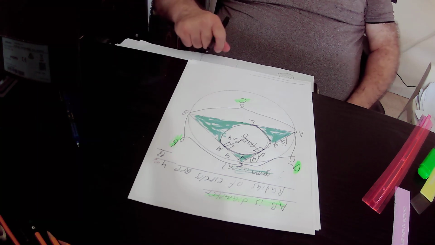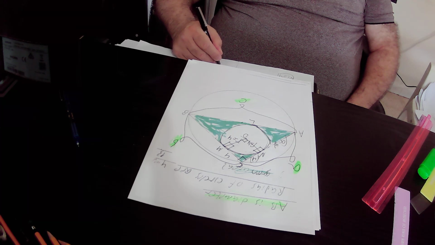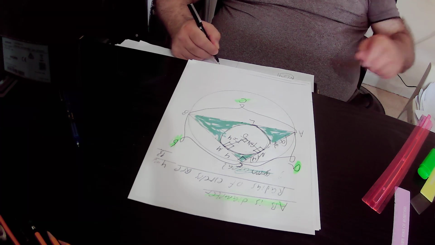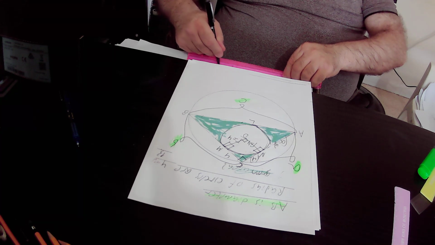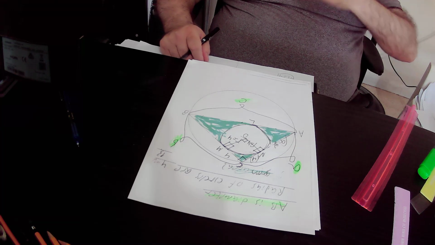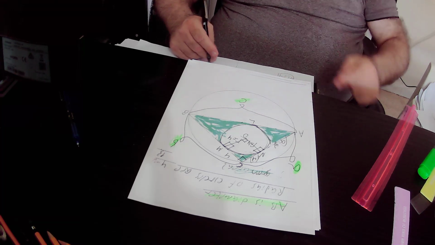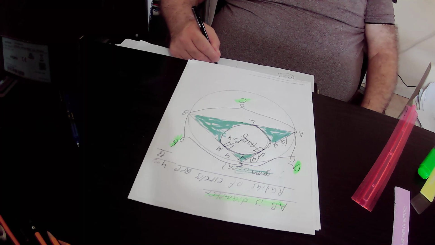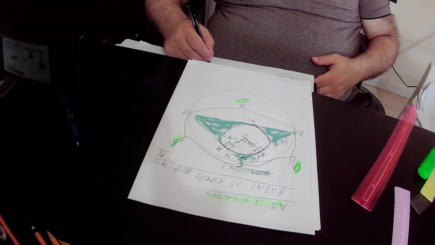So MB equals CB, that is B according to our definition, minus CM, that is 4 according to what we have already found out.